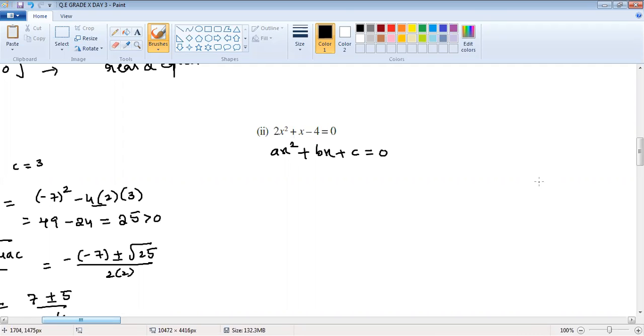What is the a value? What is the b value? What is the c value? What is the discriminant? Vaibhav, what is the discriminant value?